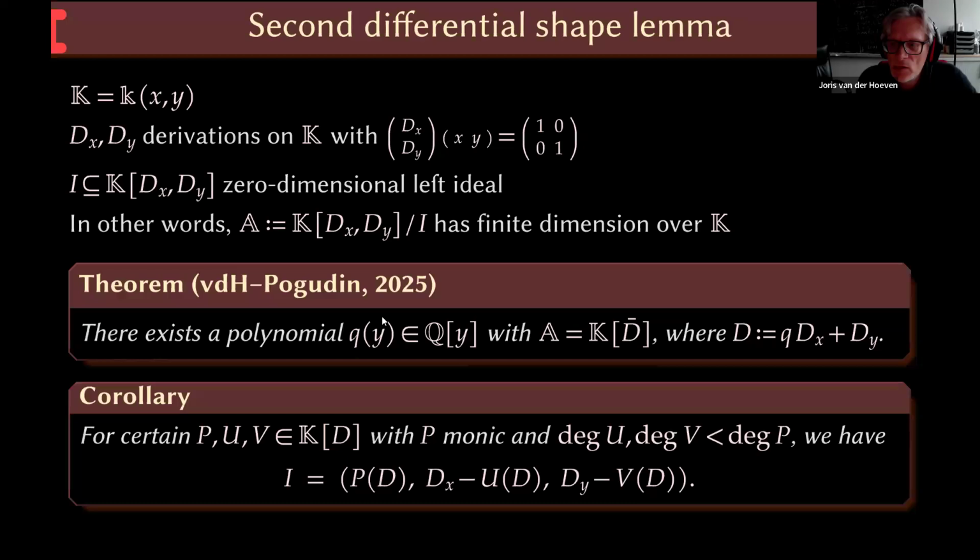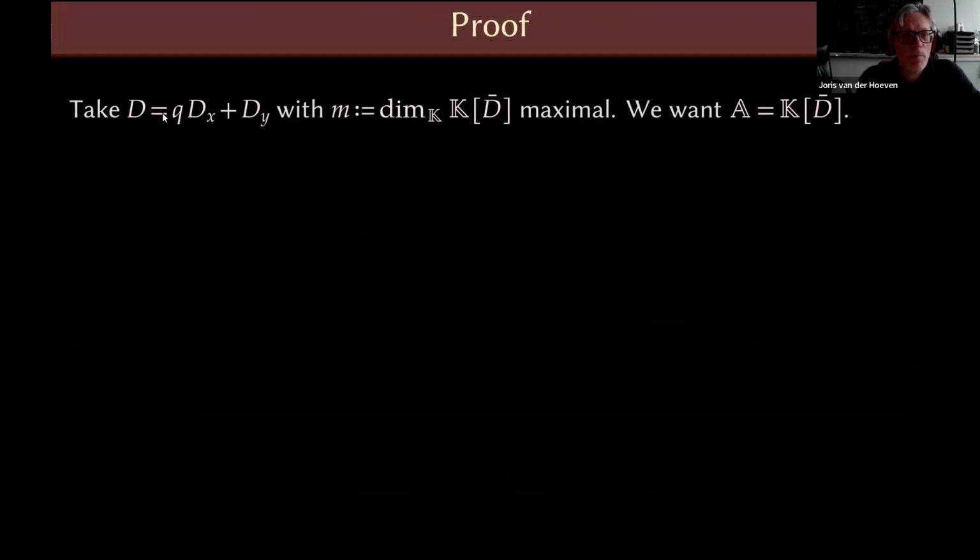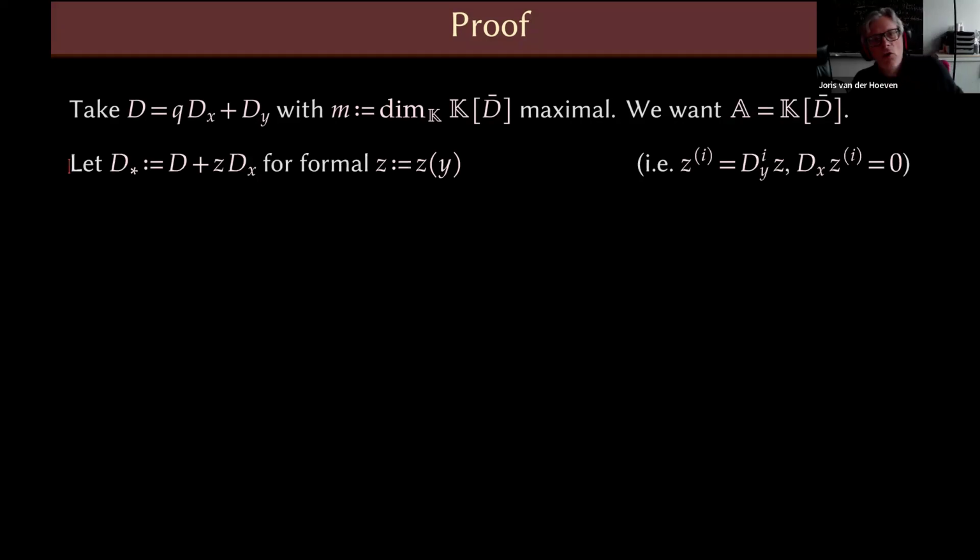So basically it's all about finding a suitable polynomial q of y, and we can always assume that we take some polynomial q for which the dimension of what is generated by this d modulo I is maximal. And what we really want to show then is that if we take d in that way, it basically generates everything.